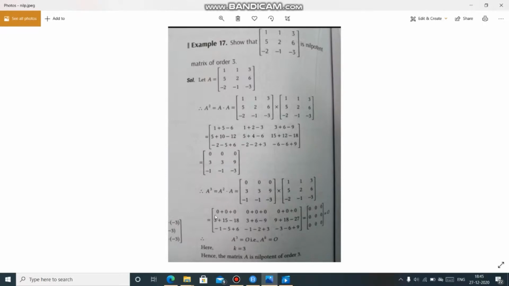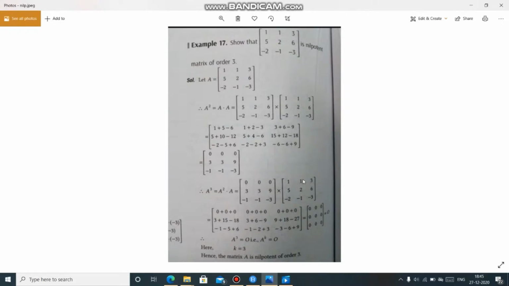We get, first this row multiplied with this column, all zeros, and again this row multiplied with the second column and third column, we get all zeros. Second row multiplied with first column, we get 3 ones are 3 plus 3 5s are 15 minus 9 2s are 18.